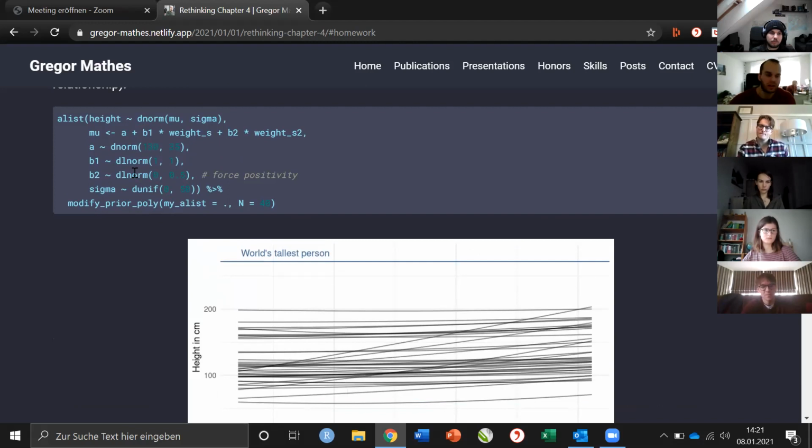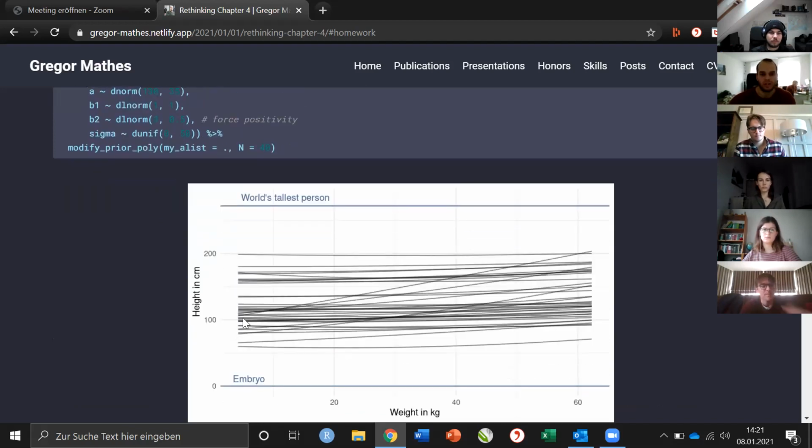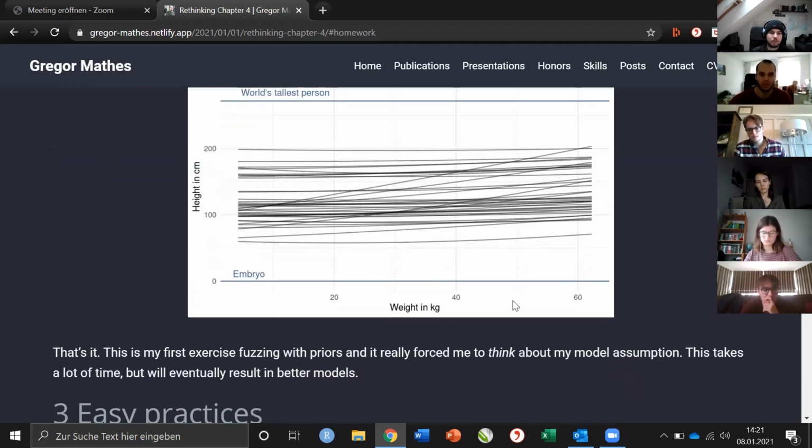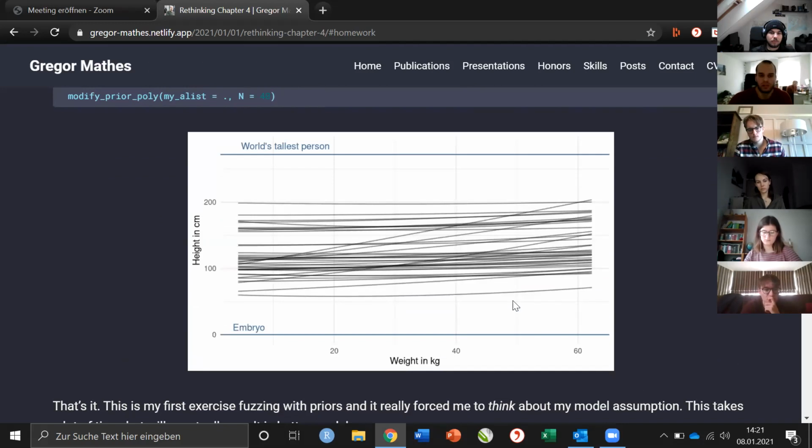Like using another density distribution for beta 2, which is now normal with a mean of 0 and a standard deviation of 0.5. And now you can see some of these trend lines are curved more or less, which I think is now a nice result, and I ended with this.